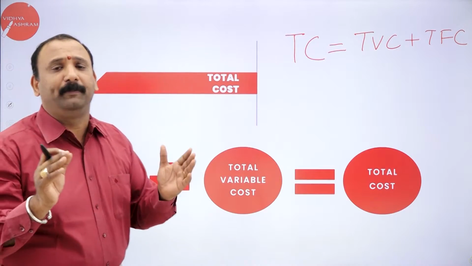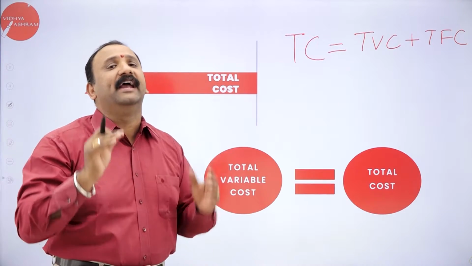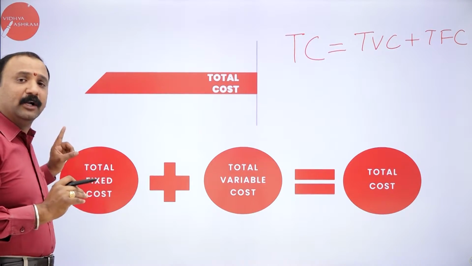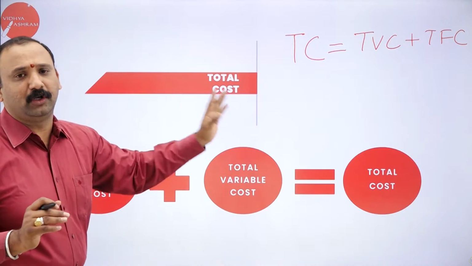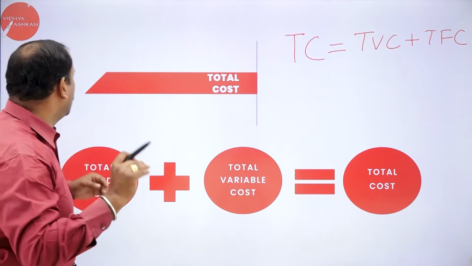So that is what would be the final price which the consumer will be willing to pay in the market. So total cost is nothing but, a quick recap, total fixed cost plus total variable cost, which is equal to the total cost factor altogether. Now moving on to the next slide.